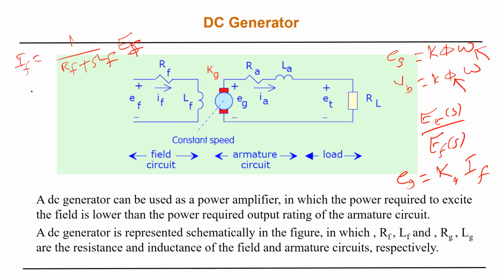And we said EG equal to KG IF, which is equal to KG, 1 over RF plus SLF, EF.